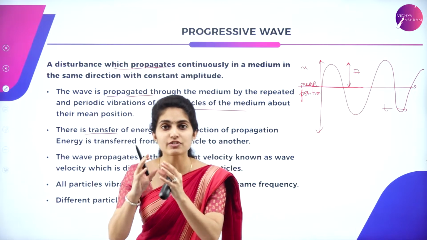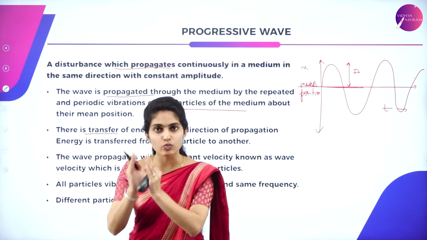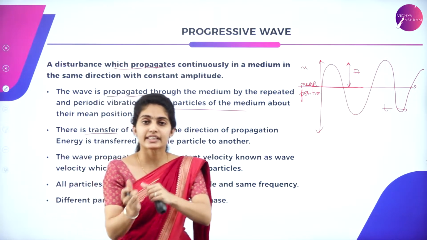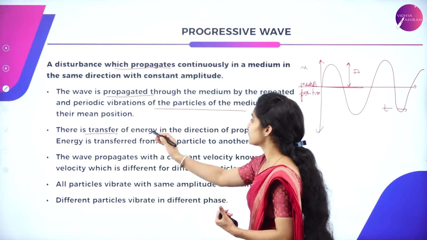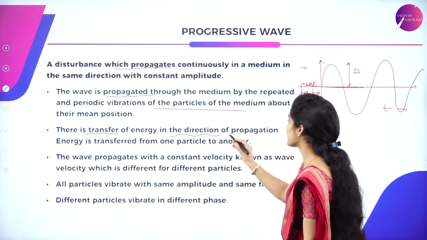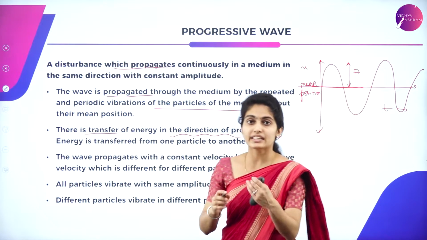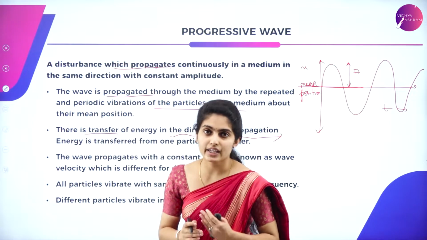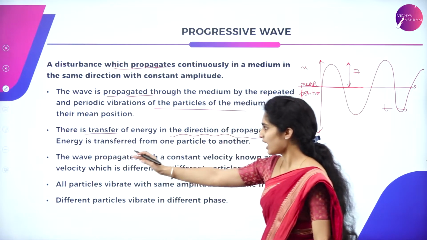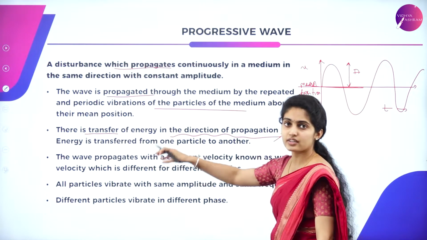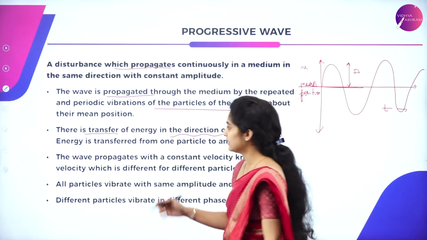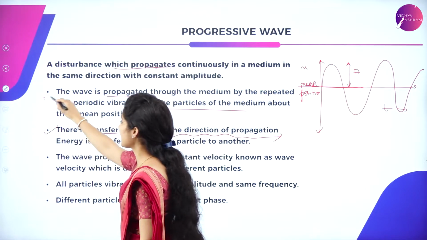That is, the energy associated with one particle gets transferred to other particles. So there is a transfer of energy in the direction of propagation, always in the direction of propagation, from one particle to another. So that's all about the second characteristic.